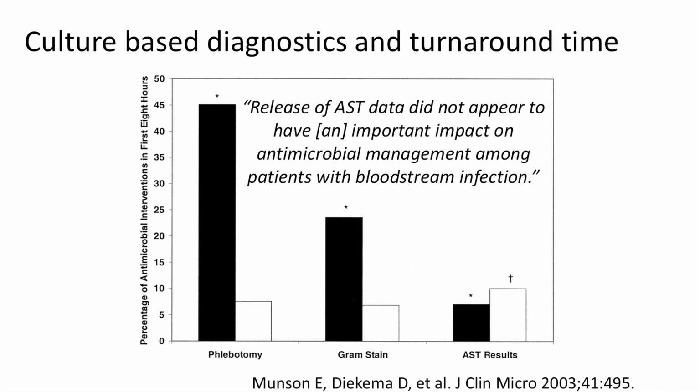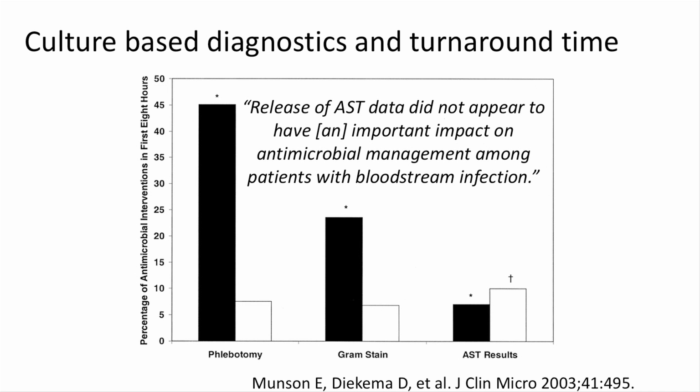And this graph just shows you 3 of those time points. The phlebotomy that occurred at the time the index positive blood culture was obtained, when the gram stain was reported from the newly positive blood culture, and when the susceptibility tests were finally reported. And you won't be surprised, but I was depressed that there was almost an undetectable amount of antimicrobial activity around the susceptibility test result reporting.